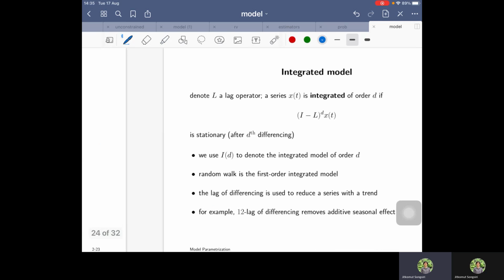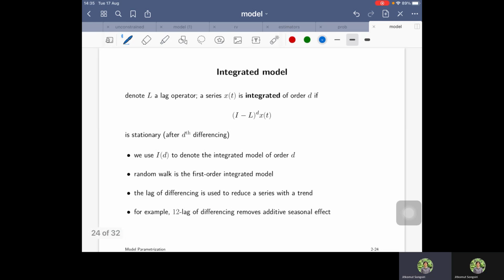If we perform (1 minus L) to the power of d, it means that you perform the difference operator d times.